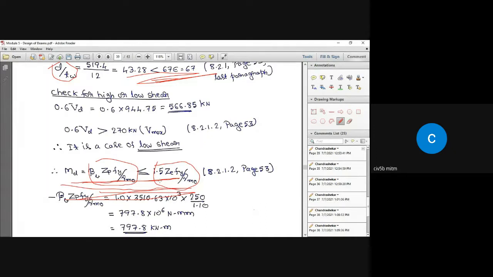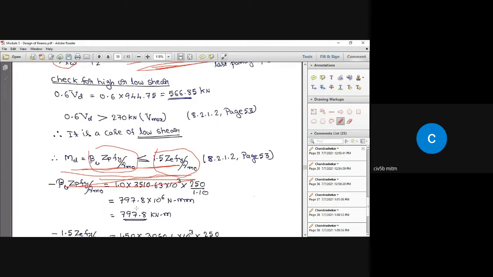Under 8.2.1.2, second paragraph, it says to avoid irreversible deformation under serviceability loads, Md should be less than 1.2 Ze Fy divided by gamma m0 in case of simply supported beams, and 1.5 Ze Fy divided by gamma m0 in cantilever beams. So that is the reason why I have used 1.5 Ze Fy divided by gamma m0 here.